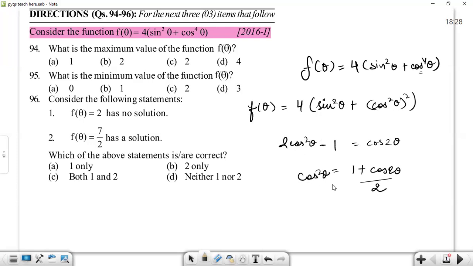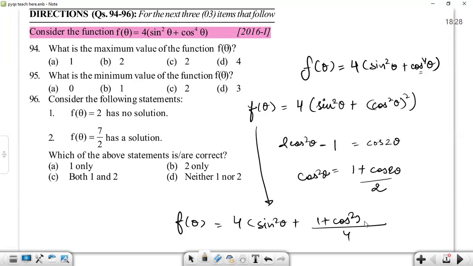So further, our function will become 4 into sine square theta plus 4 into (1 plus cos square 2 theta plus 2 cos 2 theta) by 4. Is that clear?